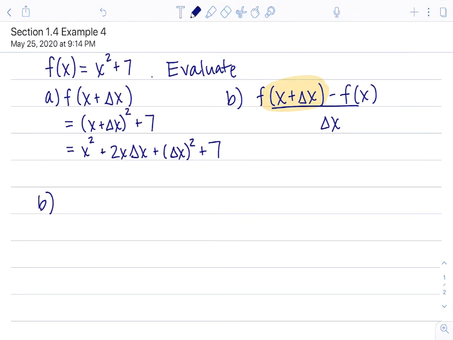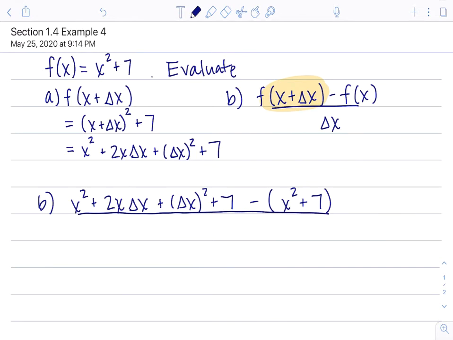So I'm going to take the f of x plus delta x that we've already evaluated, and then I need to subtract my original function. Notice here that I do put it in parentheses so that I remember that I'm going to have to subtract that entire expression, and then the denominator is delta x.